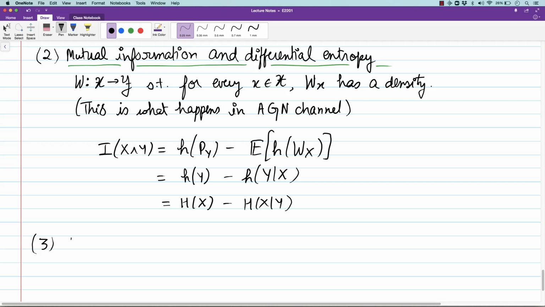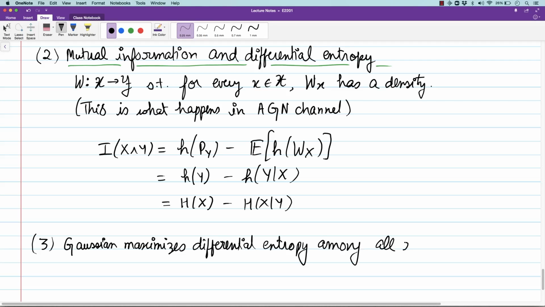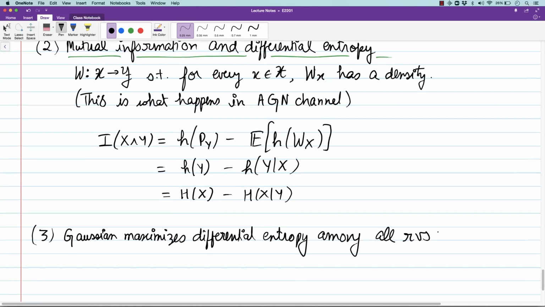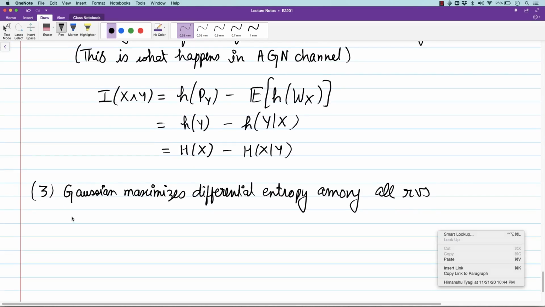This is the property that, just like the uniform distribution maximizes entropy, and we saw that also the geometric distribution maximizes entropy among all random variables with given expected value, the claim now is that the Gaussian distribution maximizes differential entropy among all random variables with bounded second moment.